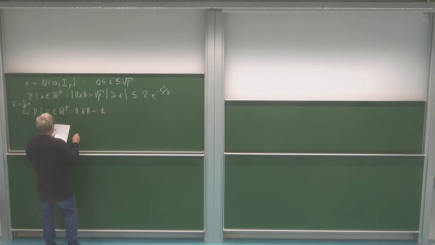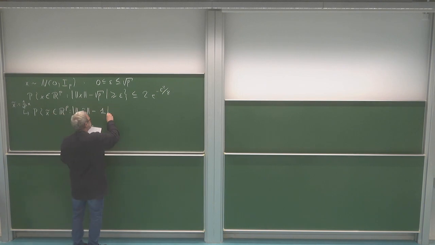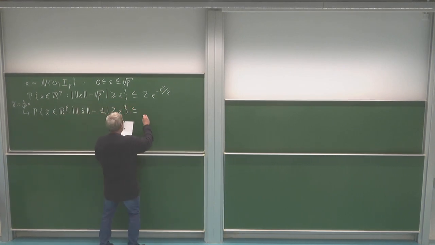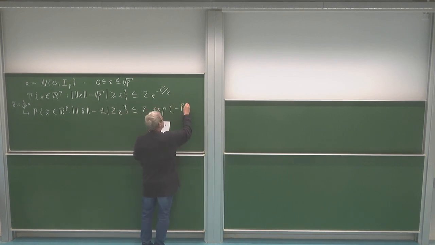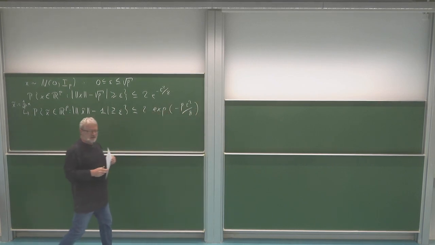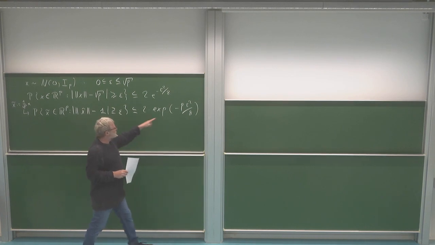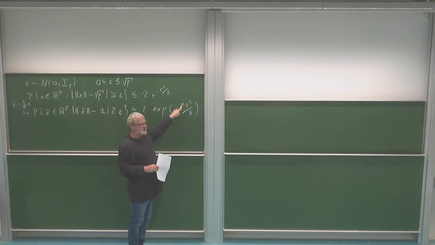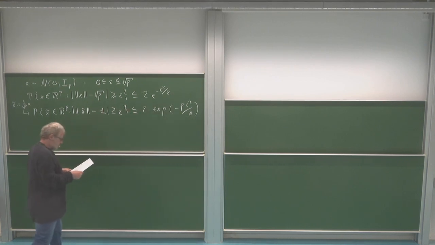The norm of x twiddle is close to 1, and the deviation from this, if I call it now epsilon, can be estimated by 2 times the exponential of minus p times epsilon squared over 8, not over 16. And now epsilon can be a really very small quantity, because if epsilon is small, eventually p will be overwhelmingly large, and you see how this goes to 0 exponentially in the dimension.